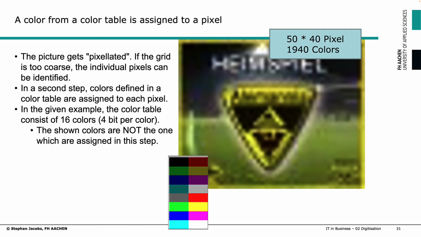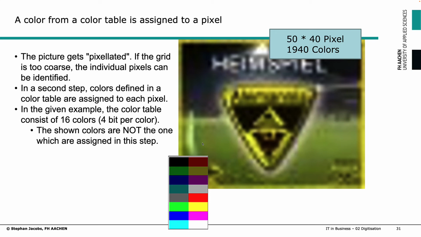So the grid created 40 times 50 pixels, which is 2000 pixels. Actually, you can see I've numbered it through. There are still 1940 colors, meaning we have for each pixel a different color in this picture. Now I would like to assign it to only 16 colors.